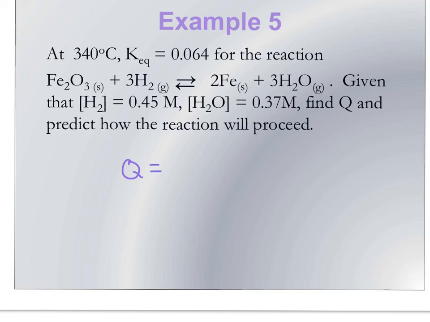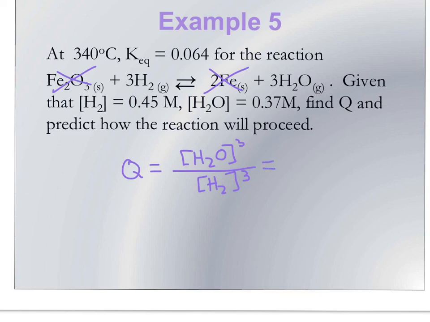Q is equal to the concentration of the H2O cubed over the concentration of the H2 cubed. Why did I leave out the Fe and the Fe2O3? Because they are solids. So they don't count. We only count gases and aqueous solutions.